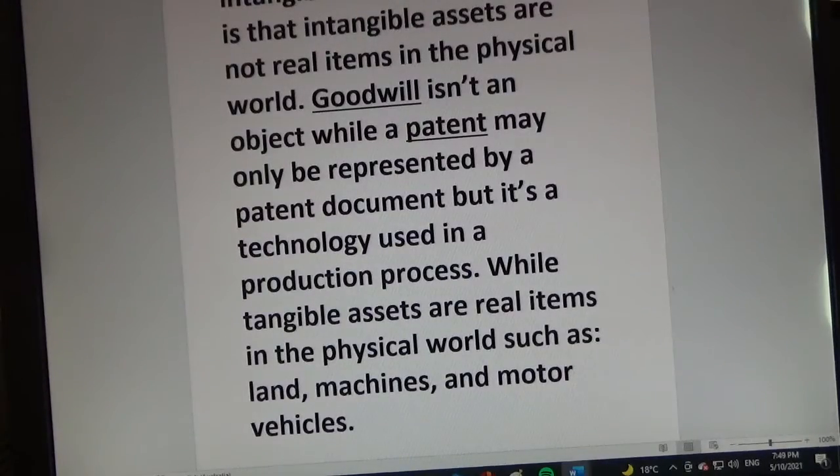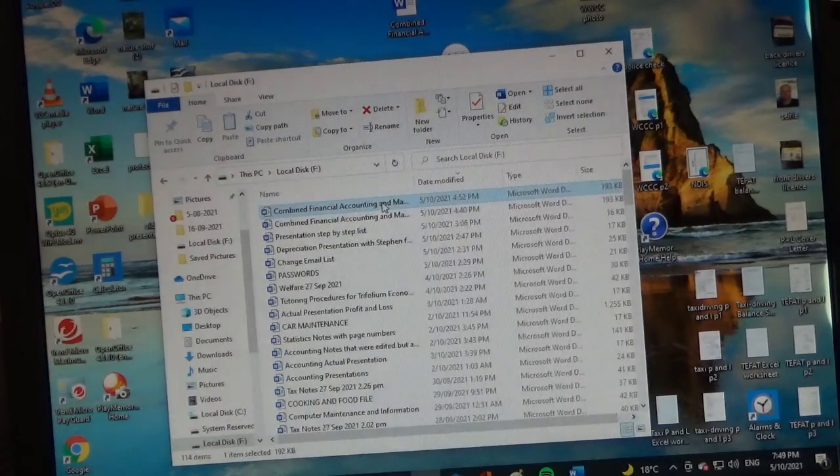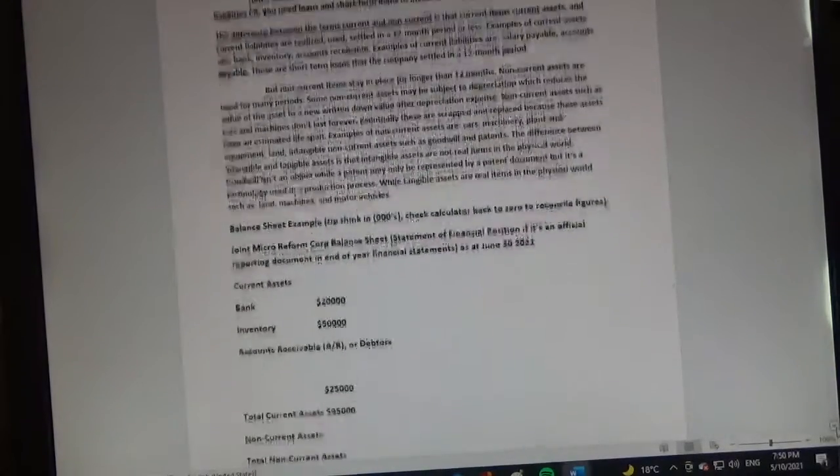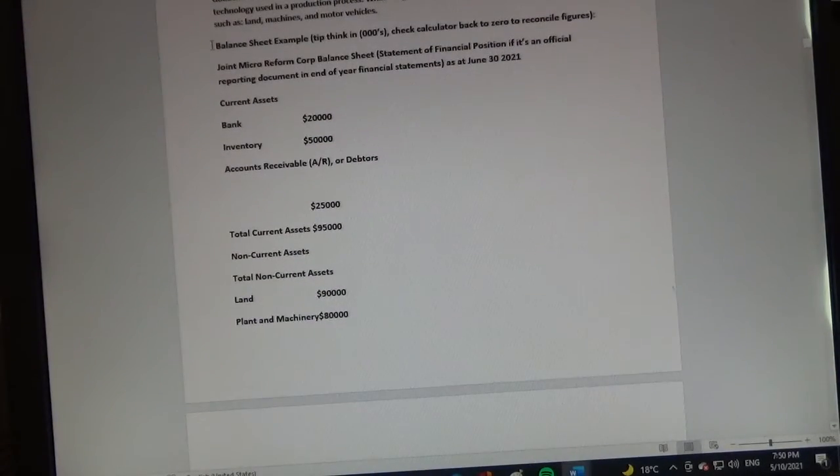It's in this set of notes. I'll find it. Don't worry, and I'll put the font up so everyone can see it. Sorry about this. Where's that balance sheet example? Oh yes, I'm getting closer. There it is.